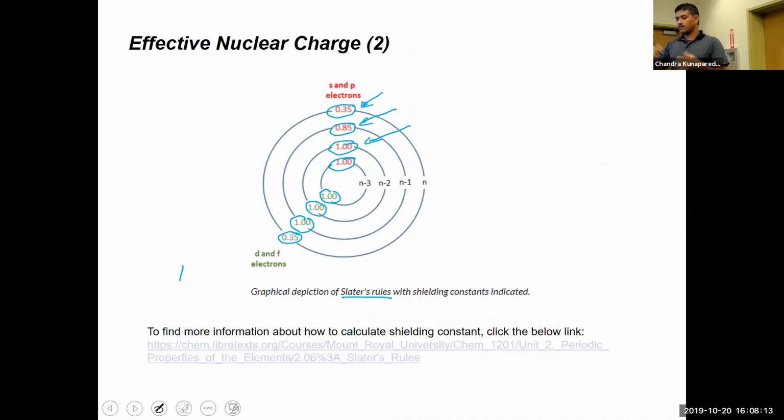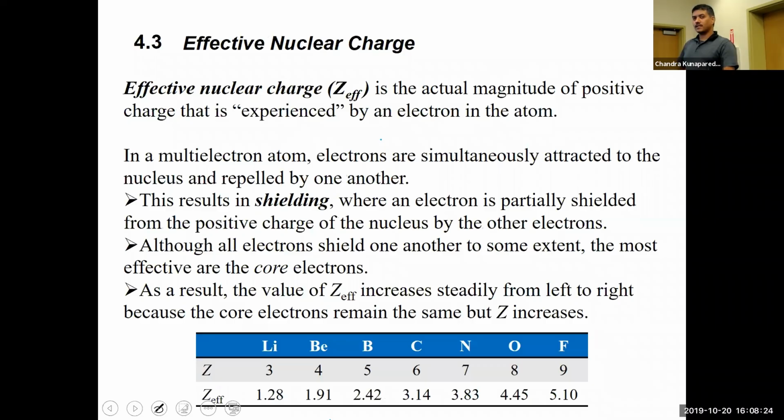Within a shell, you'll have a little bit of shielding between electron to electron of the same shell, but not as huge as a core shell. So a core shell will effectively shield electrons better than an electron in the same shell. That's why one common phenomenon between all of these elements that you see here is that they all have similar core electrons, which are 1s2.